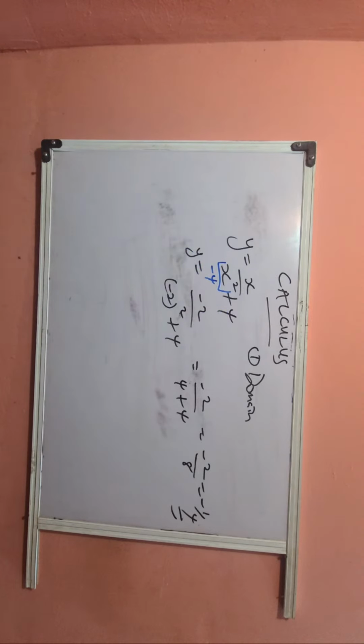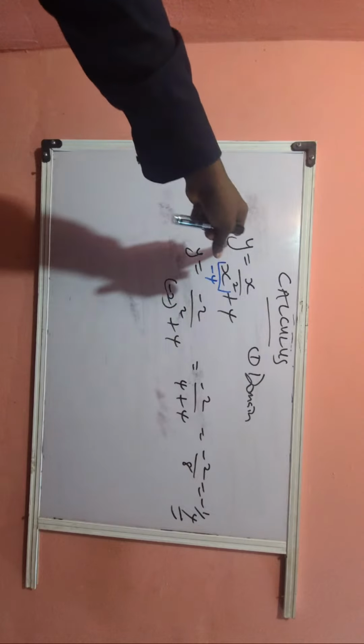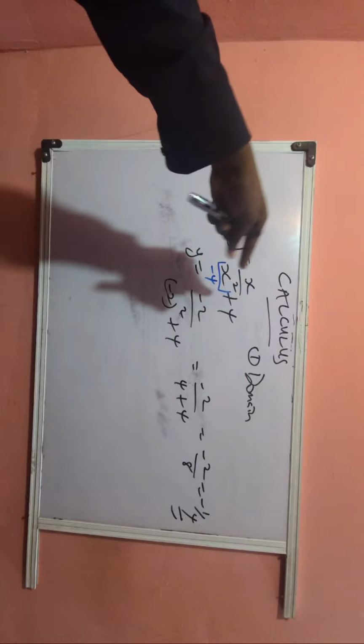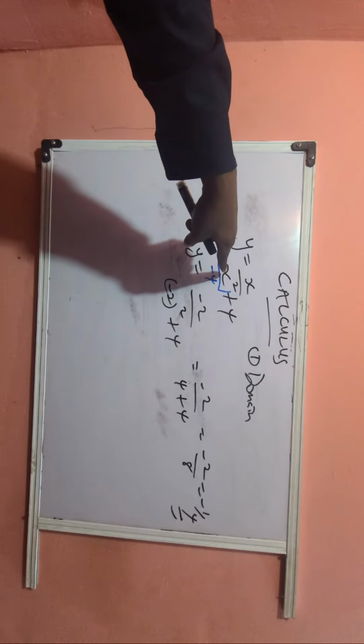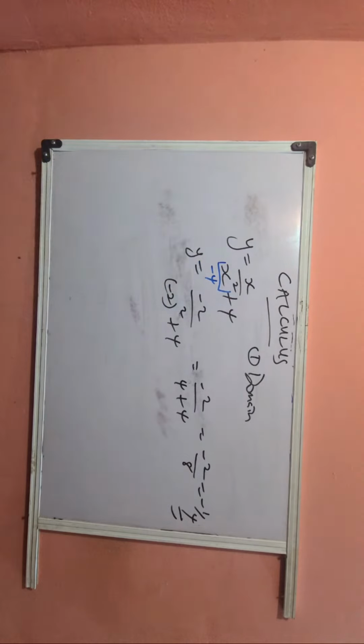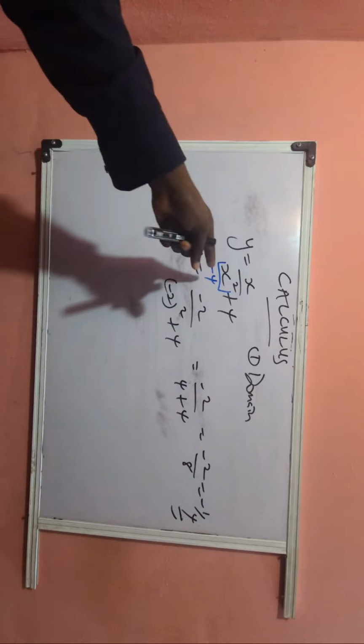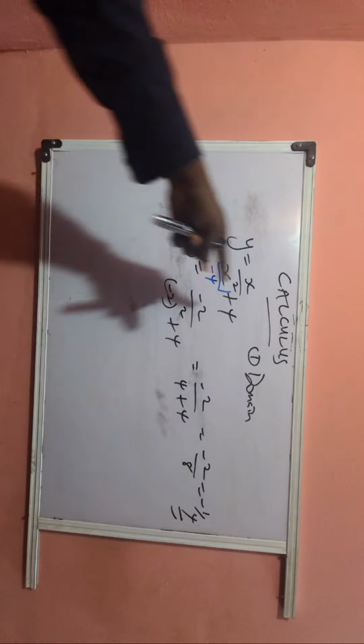Then at that point, we'll be saying the function will be undefined. But because of this square here, there will never be a time when any value you input as x will produce a -4. So obviously, you can't find any place where this function will be undefined.